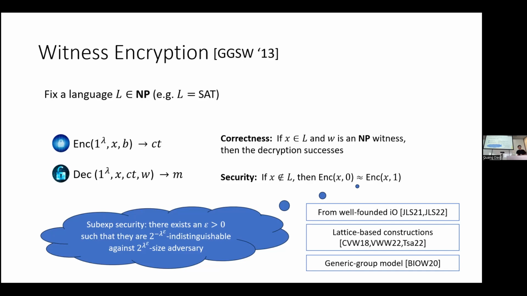It's a weaker system than IO. Just IO for null circuits. Yeah, for sure, it's a very special case of IO. So this generic group model construction, does it also depend on another assumption? Yeah, sure, it depends on the NP hardness of this. Yeah, they assume a very efficient instantiation, or you assume a very strong hardness of approximation.